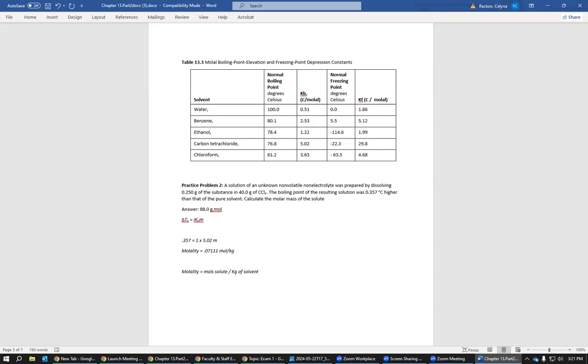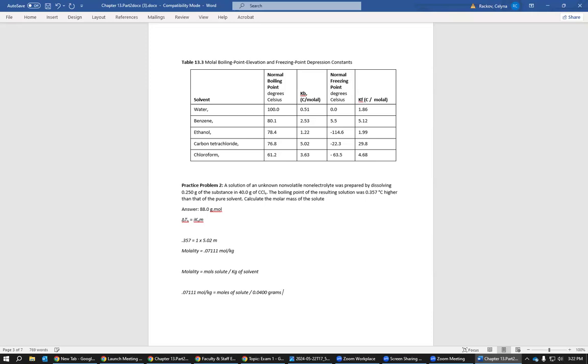Okay, so molality is 0.0711 mole per kilogram, equal to moles of the solute, which we don't know yet. Moles of the solute is the unknown here. And then divide by kilograms of solvent. The solvent here is these 40.0 grams of carbon tetrachloride, so we need to convert it to kilograms, 0.0400 kilograms.